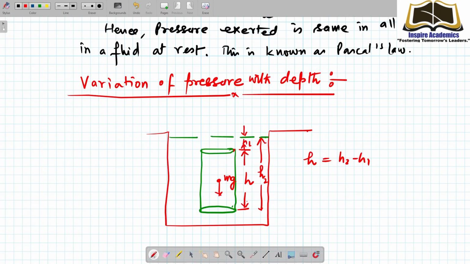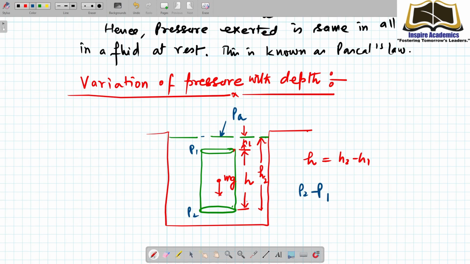So what will be the total pressure? Let us say the pressure felt on this surface is P1. Okay, let's take here is P1 and on this surface it is P2. Okay, so difference in the pressure would be what? P2 minus P1. This is what we are interested in knowing. On this surface we have got PA, atmospheric pressure, right?